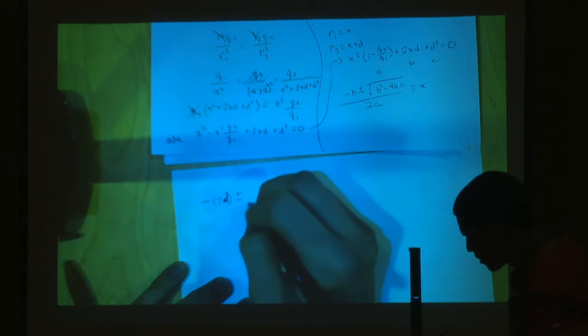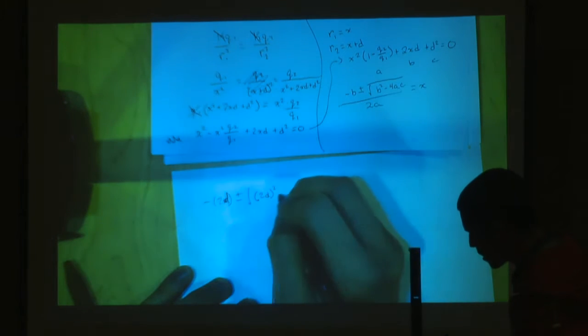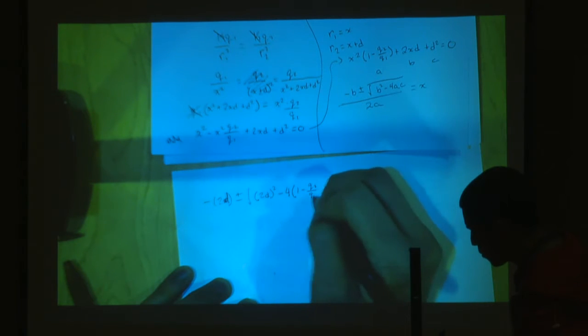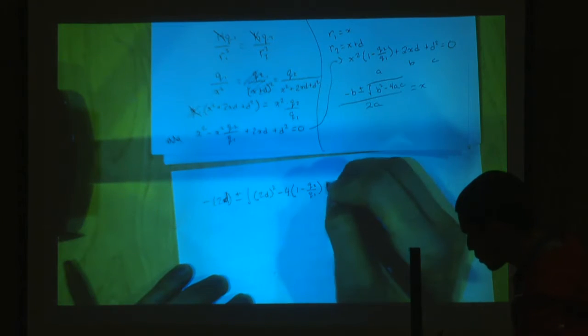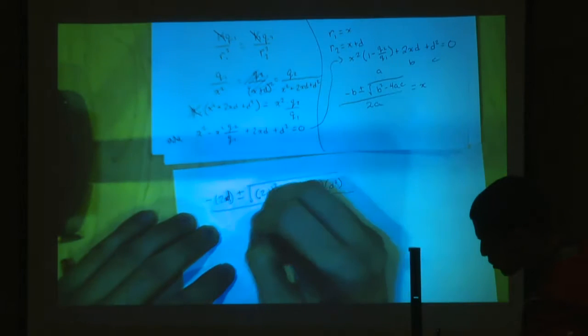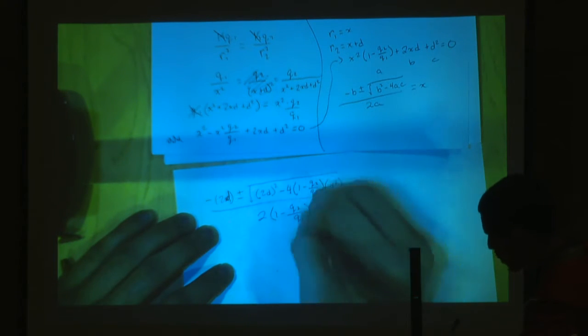Yeah, sorry. So 2d plus or minus the square root of 2d squared minus 4a, which is 1 minus Q2 over Q1, times c, which is essentially d squared, all over 2a, which is 1 minus Q2 over Q1.